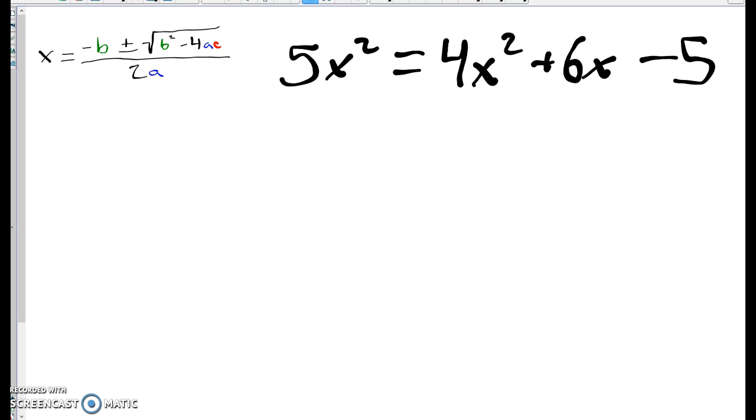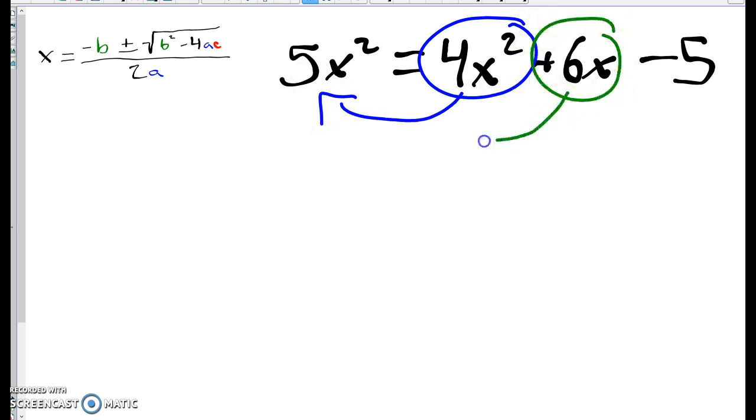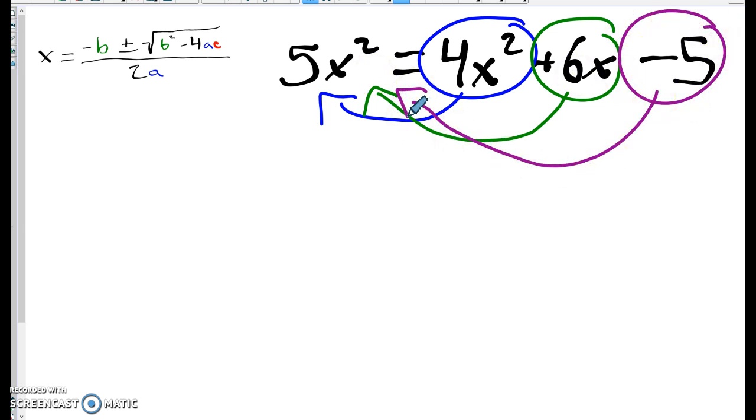But that doesn't mean we can't use it to solve this equation. We just need to mess with the equation a bit and get it looking the way we want it to, which is going to involve moving all of our terms over to the left-hand side so that we have 0 only on the right-hand side.